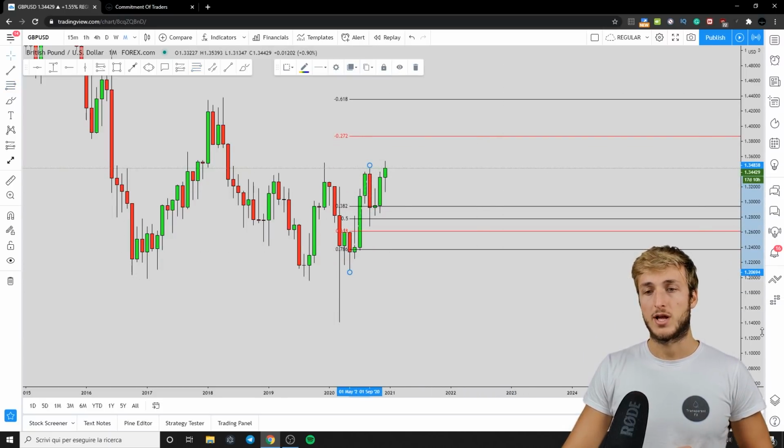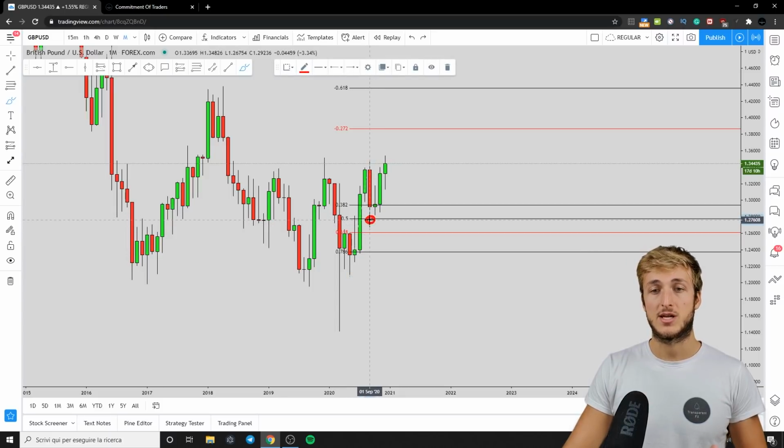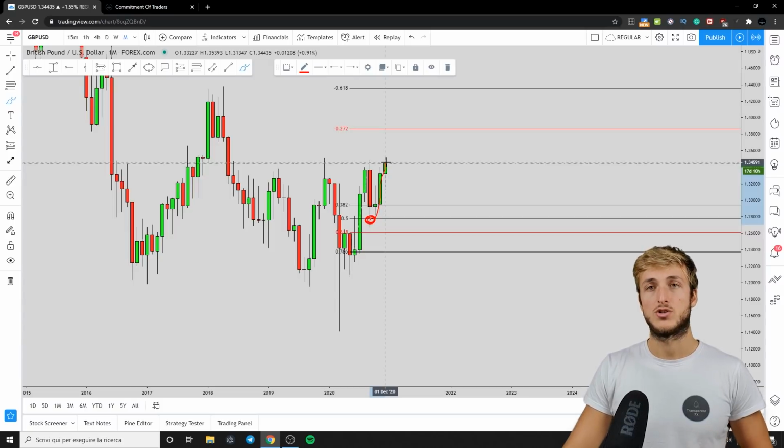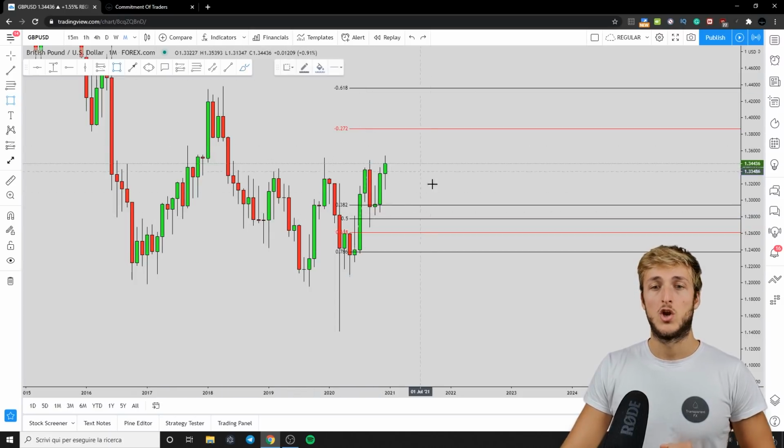And if we take our Fibonacci from the low to the high of this impulse, what we can see is that the market has retraced exactly to the 50% of the Fibonacci taken on this impulse before starting the continuation to the upside.